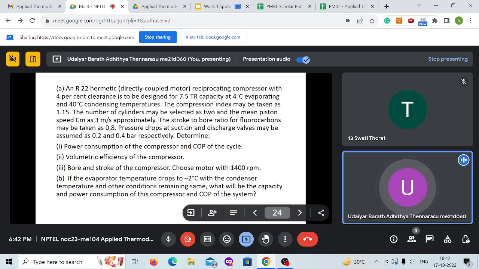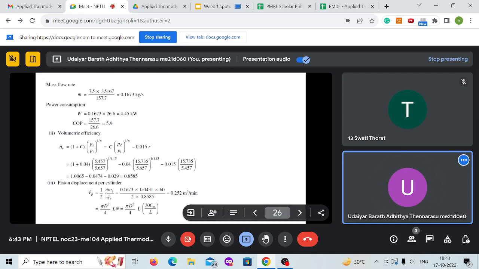That's what is given in the problem: the number of cylinders may be selected as 2. So it's m dot by 2, and for converting into volume, you multiply by specific volume and divide by efficiency. This will give me the swept volume, which is equal to 0.252 meter cube per minute.